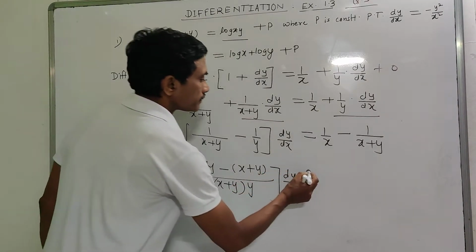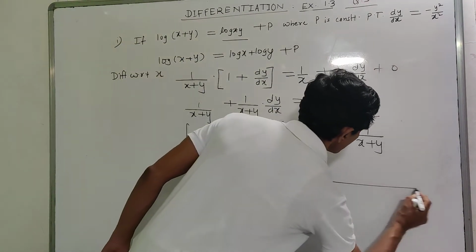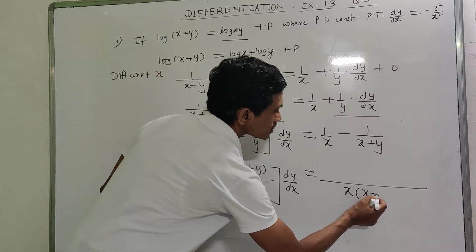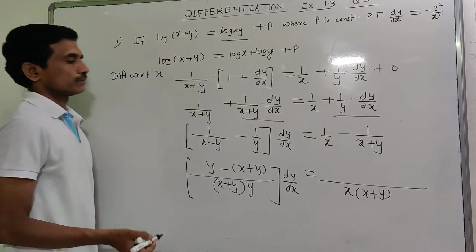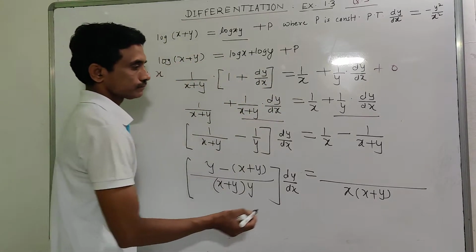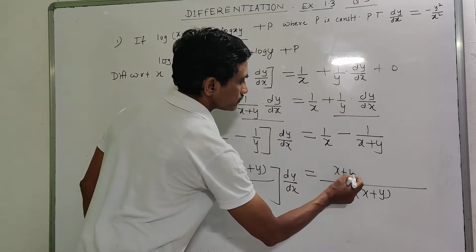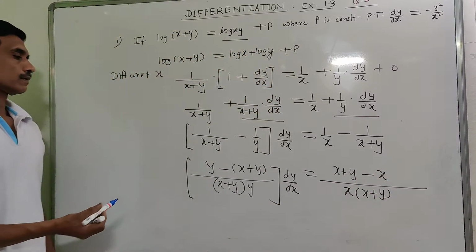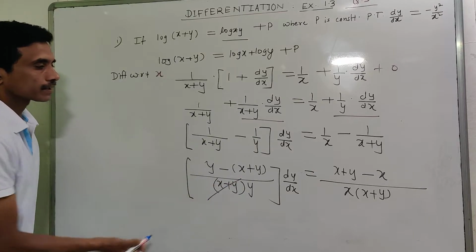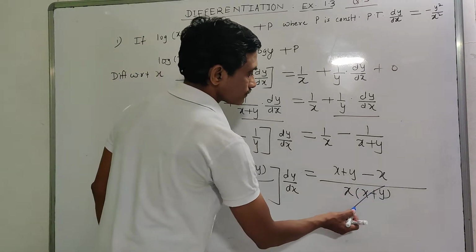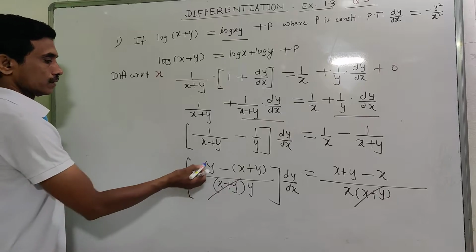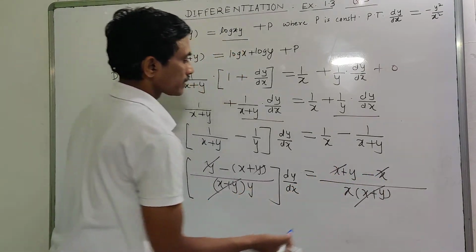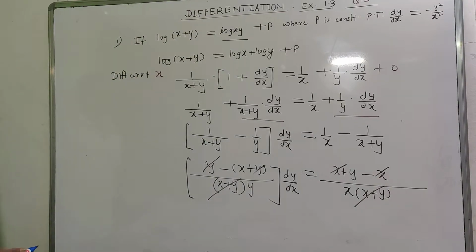Similarly, right hand side LCM of the denominator is x into x plus y, so x plus y minus x. Okay, this x plus y we can cancel from the denominator. Here y and minus of y will get cancelled, x and minus of x will get cancelled. Then what is left here?